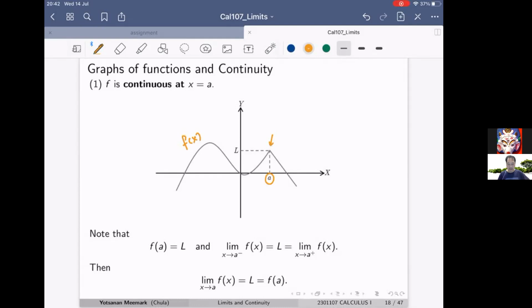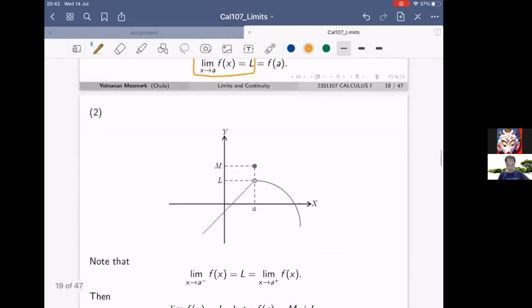And because the function value at this point is L, actually it means that the limit as x goes to a of this function equals L as well. They are the same.